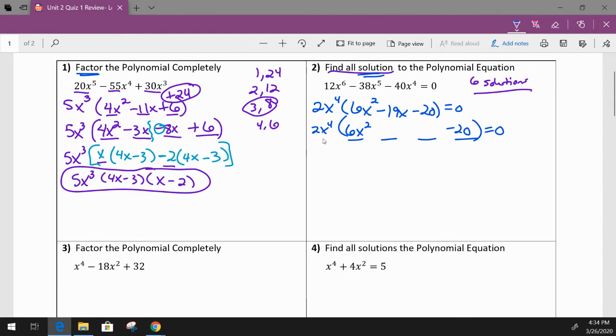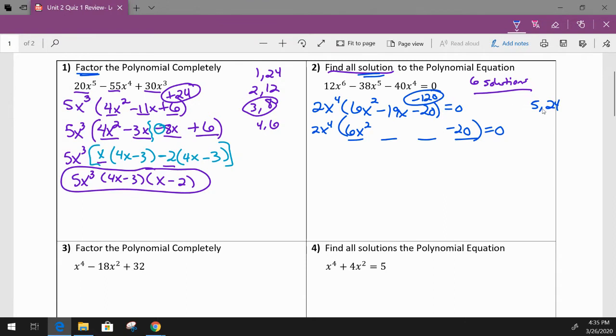All right, so now again, we're going to use that AC method. So I'm going to multiply 6 times negative 20, which gives me an AC value of negative 120. So 120 is kind of a big number. So I might not want to list every single factor of 120, but I might want to start with maybe 5. 5 goes into 120, let's see, 24 times.